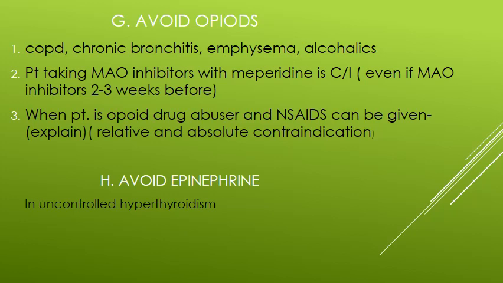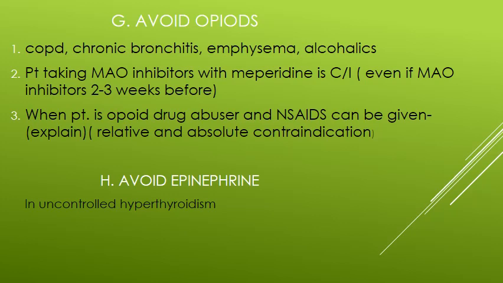There is no contraindication to NSAIDs, no allergy to NSAIDs as such. In that case, opioids become an absolute contraindication, as we have an option of NSAIDs available. So we will try to prescribe NSAIDs other than opioids.